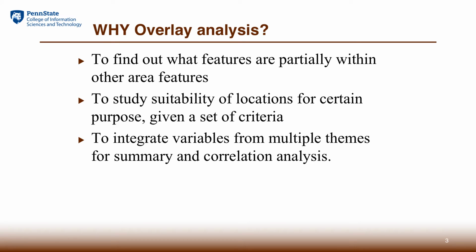For example, if you want to establish a new school, the school needs to be located in a relatively flat area that has good access to transportation, also close to populated places, and maybe has some criteria on the income and the population composition. All this can come into the picture, but most likely that information is distributed across multiple themes. So overlay analysis helps us to bring them together.